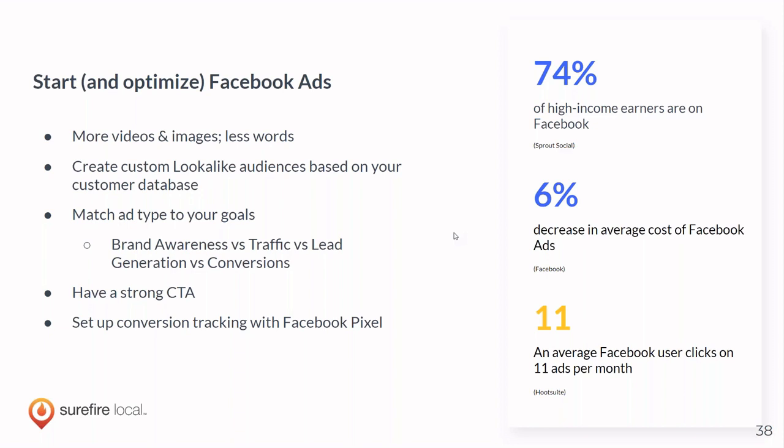Match ad types to your goals: brand awareness versus traffic versus lead generation versus conversion. So you can decide what you're really trying to build and focus your strategies based on that. Facebook ads have a very strong call to action, and you can set up conversion tracking with Facebook Pixel. So there's a lot that can go into ads, whether they be Google, Bing, or Facebook.